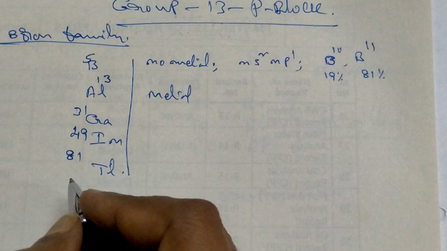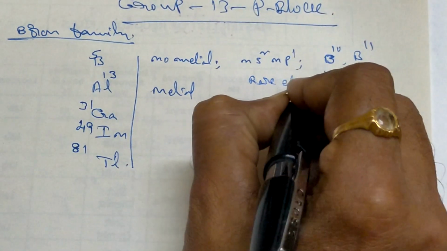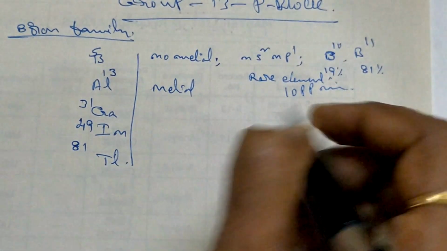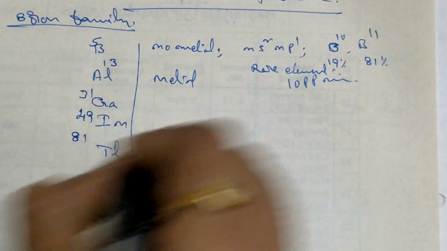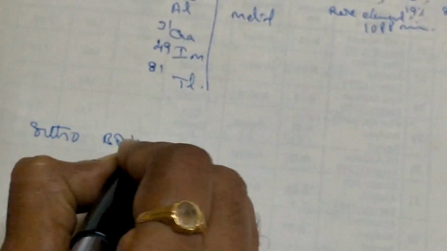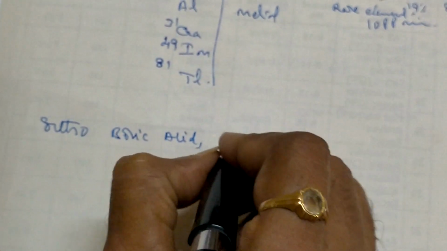It is a rare element. Rare element means 10 ppm is its availability in the earth crust, as orthoboric acid, then borax.